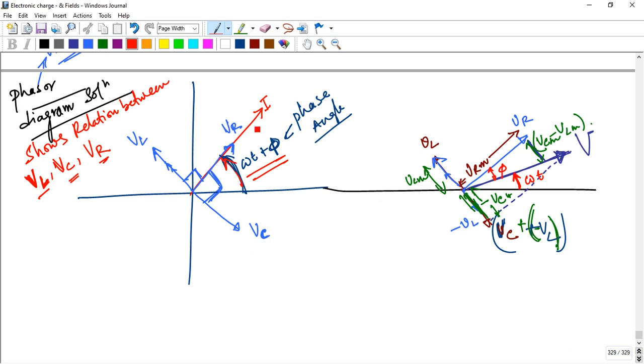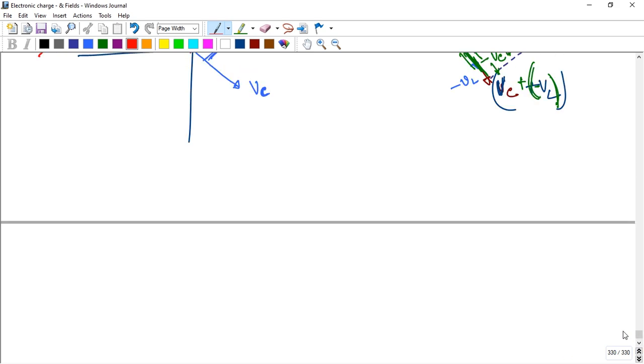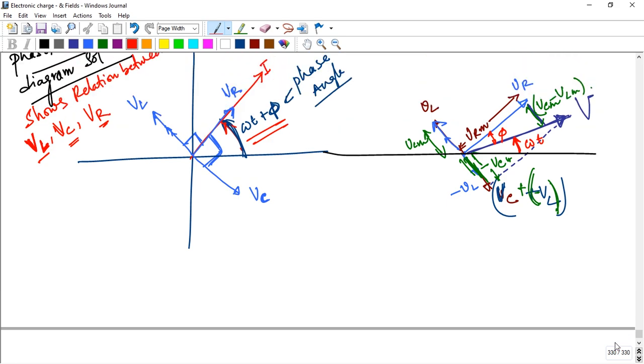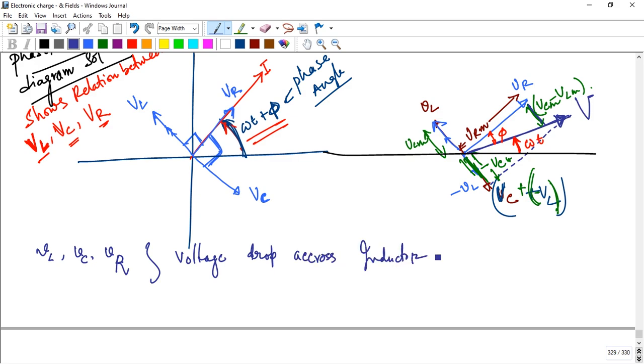Now for analysis, these small VL, VR, and VC are the voltage drops across the inductor, capacitor, and finally the resistor.